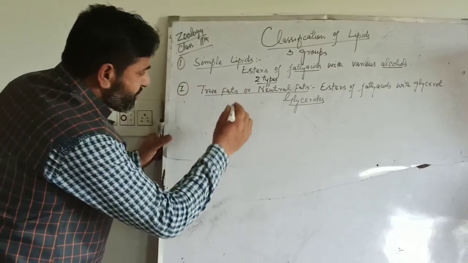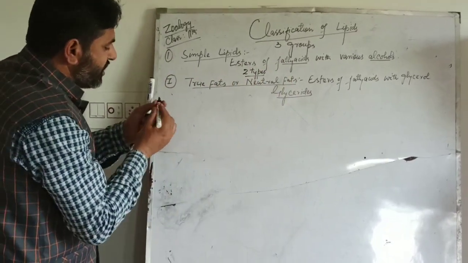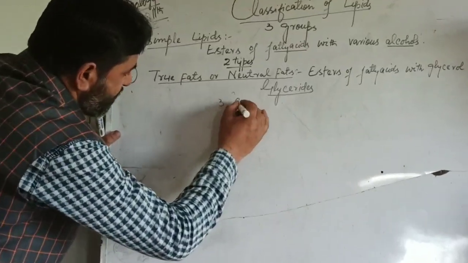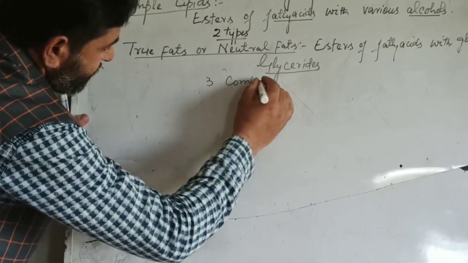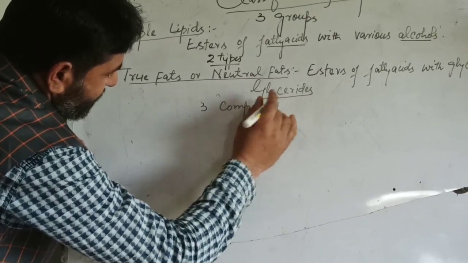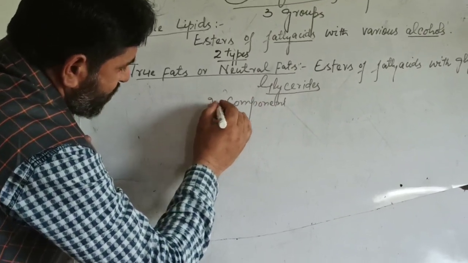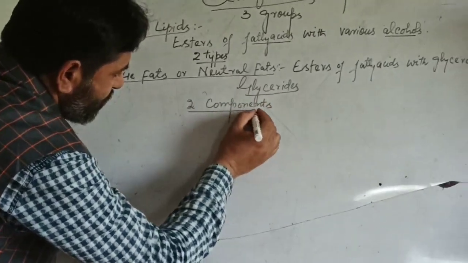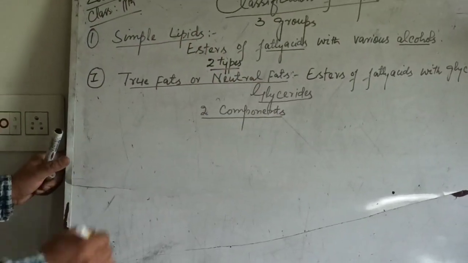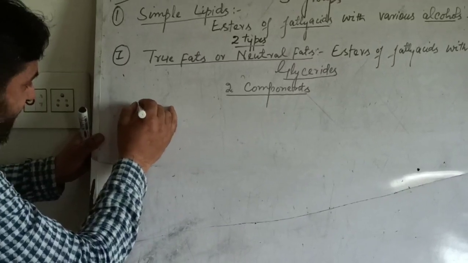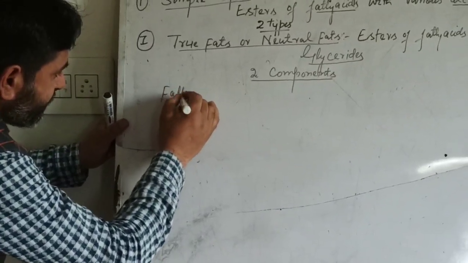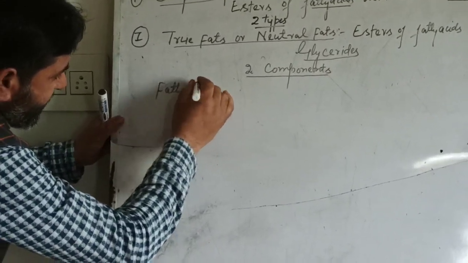Now this neutral fat or glyceride molecule consists of two components, not three. One is fatty acids.